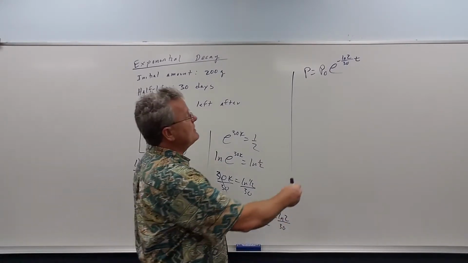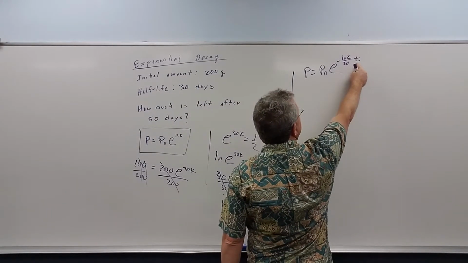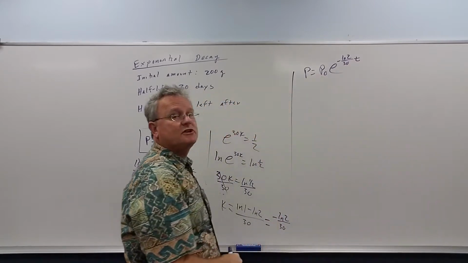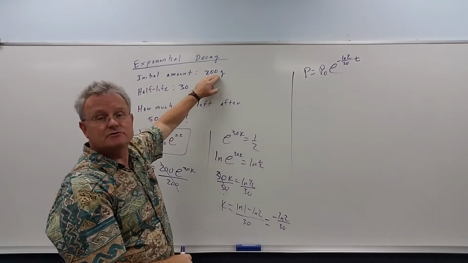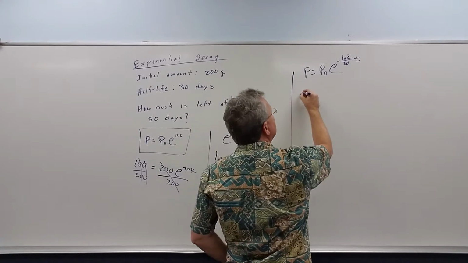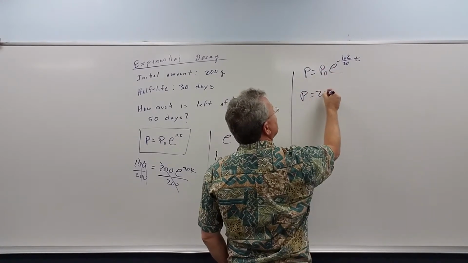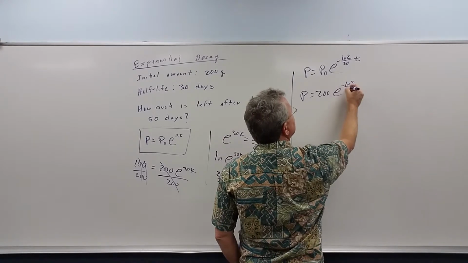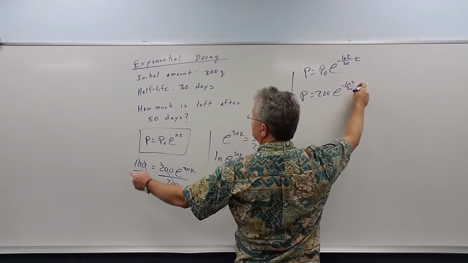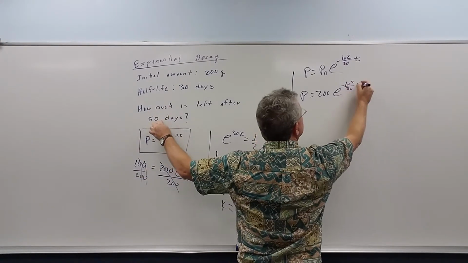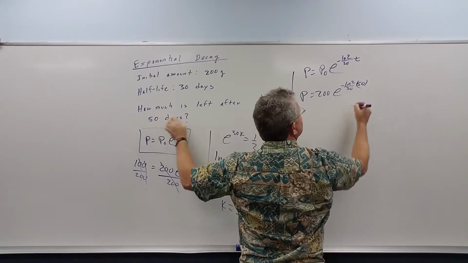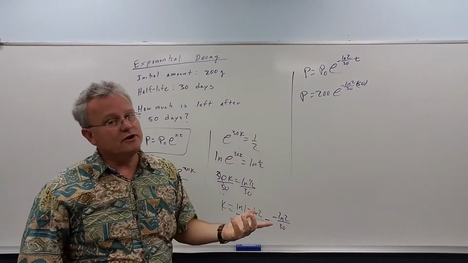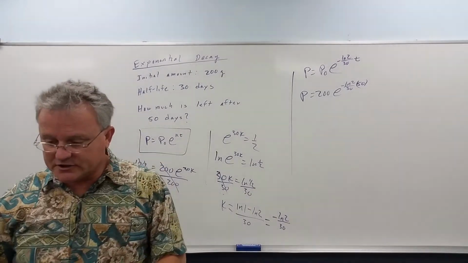So all we have to do now is plug in 50 for t and plug in how much we start with. Well, in this case, we're starting with 200. So P is 200 times e to the negative ln of 2 over 30 times t, and again, this question is how much is left after 50 days. Now here, you just have to plug this into your calculator.